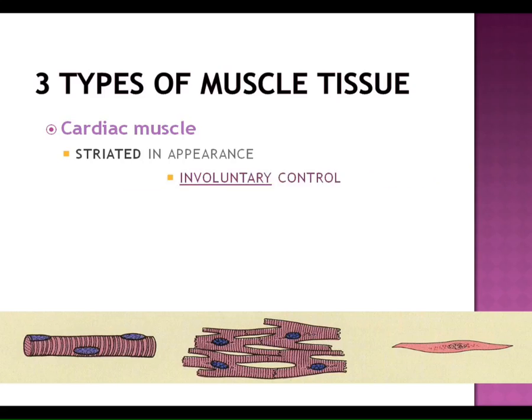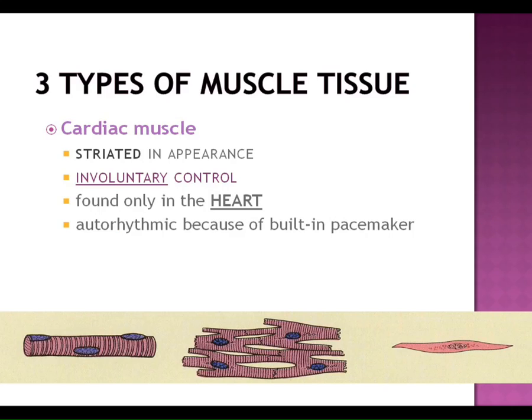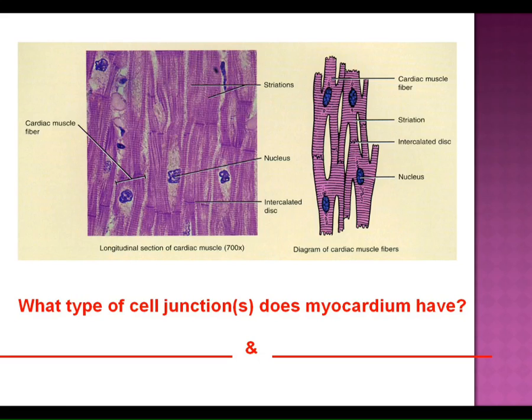Next up, cardiac. Striated in appearance. It has the striations just like skeletal does. Still involuntary. Found only in the heart. And it's more branched. So cardiac muscle has lots of branching to it because they're all networked together. And what do we call these network links right here? These rigid lines, the zigzag lines that branch each muscle fiber to the next. Those are the intercalated discs right here.